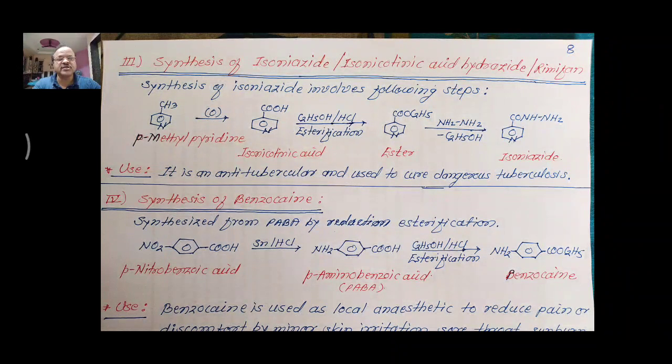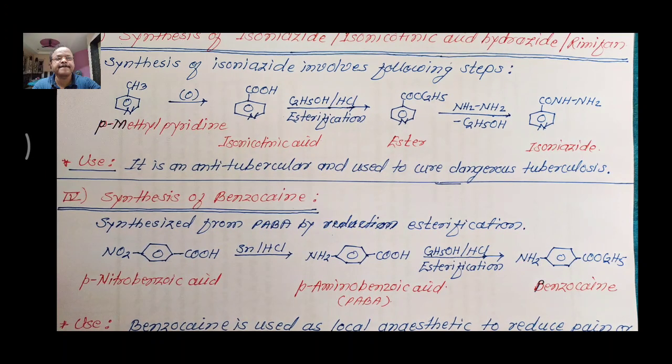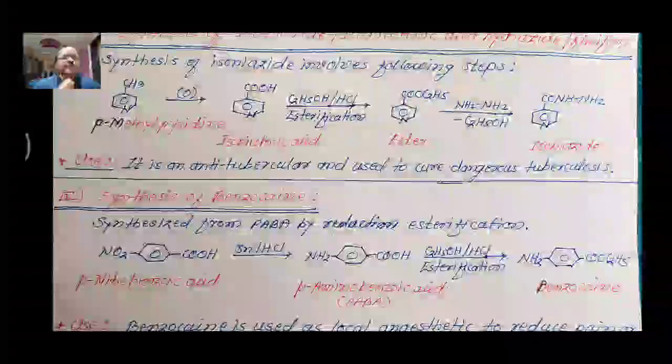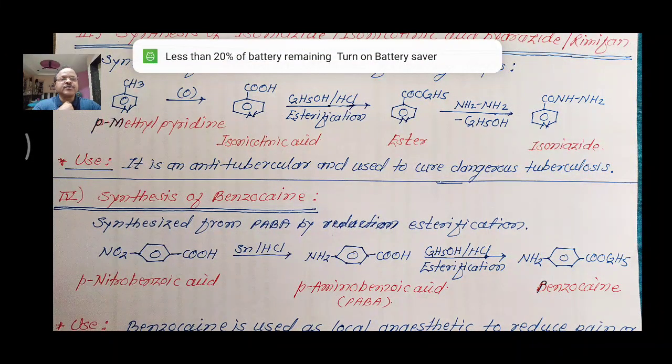See the structure: paramethylpyridine. This on oxidation, that methyl group CH3, gets oxidized. Let me zoom this one. The CH3 group gets oxidized to a COOH group. So that is the only chemical change that occurs during this oxidation.